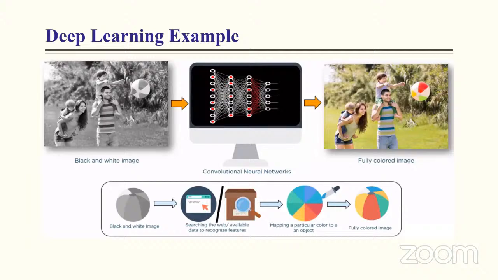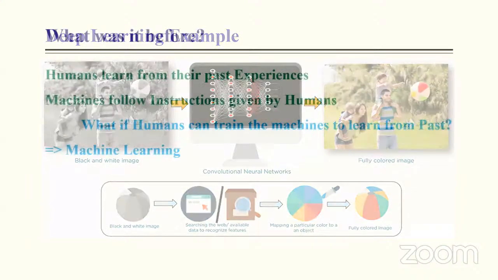You have to keep on checking, and you'll be mapping the shades and the colors. Then after multiple layers, you'll be able to get a fully colored image. So we perform many iterations, then we get this.